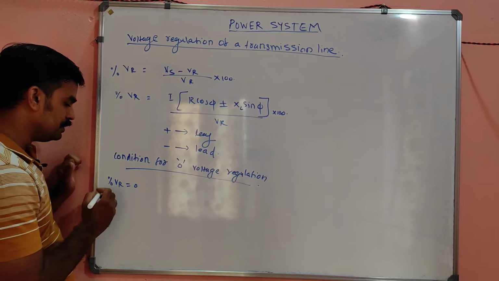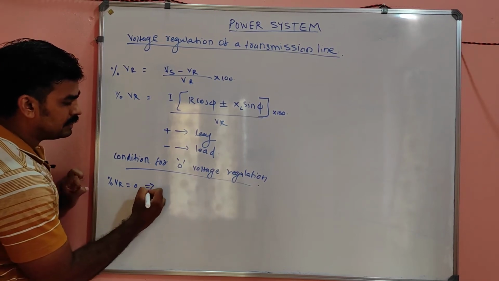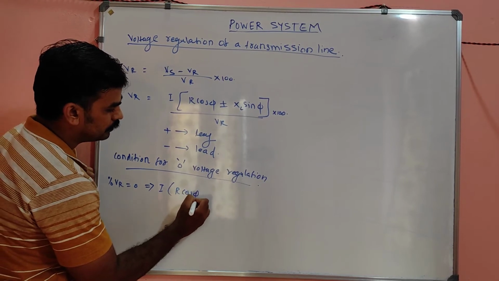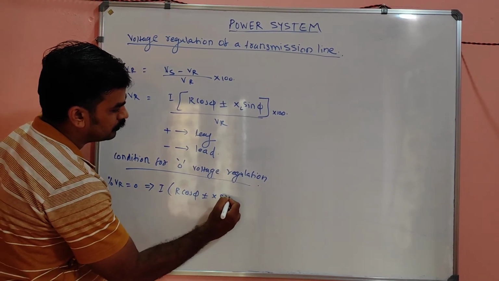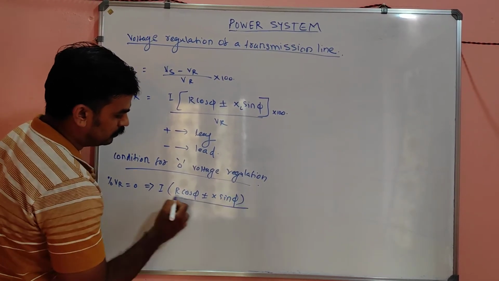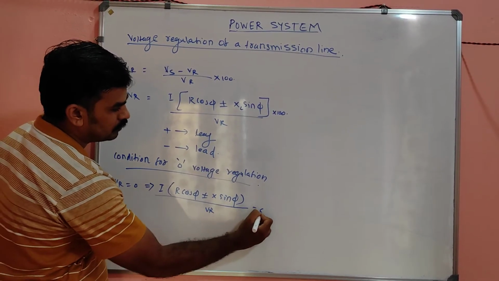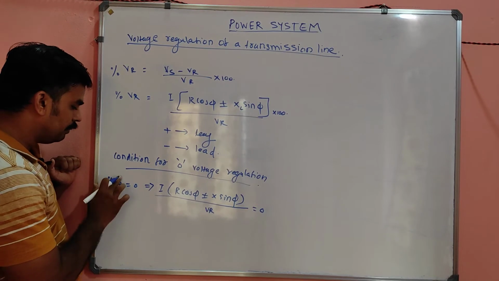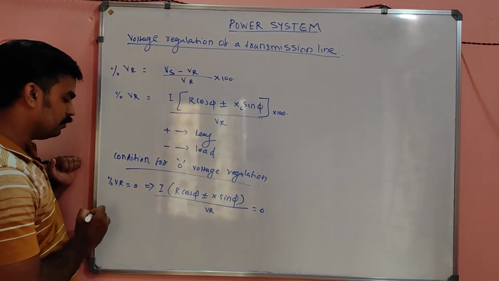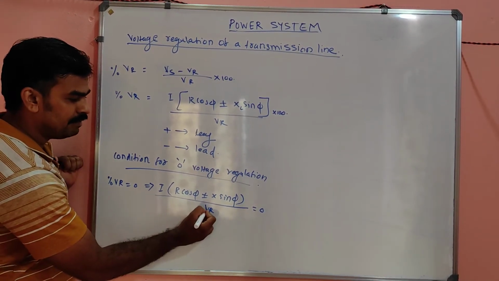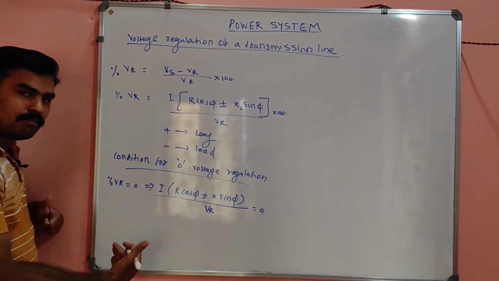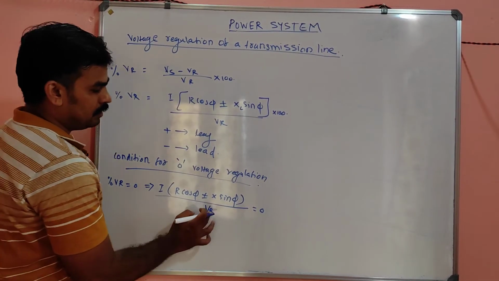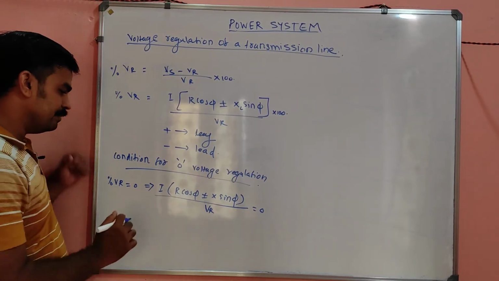Substitute VR is equal to 0. This is percentage voltage regulation, my dear. This is capital VR, voltage regulation. This is receiving end voltage, V subscript R. Okay, that is the difference.